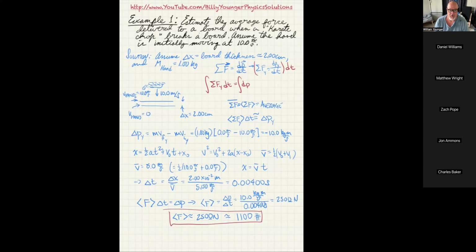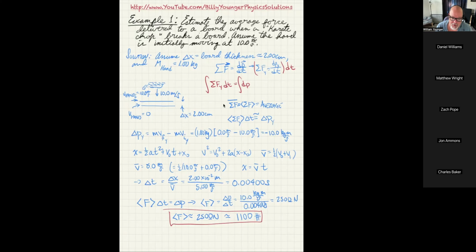Anybody have any questions on that one? There's wrong ways to do it, of course, but you could have used x equals 1/2 a t squared. You just have to figure out some way to come up with the acceleration. I chose to ignore trying to find the acceleration and just use the average velocity. Whenever you use the average velocity, you always know that the distance traveled is the average velocity times the time taken. That's just the way I chose to do it. You don't have to choose to do it that way.